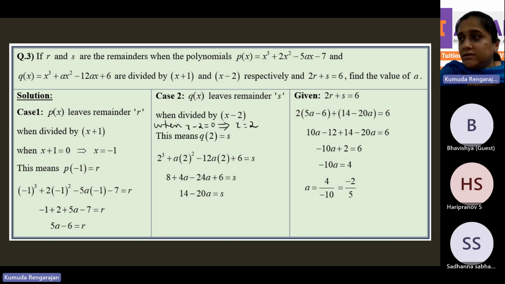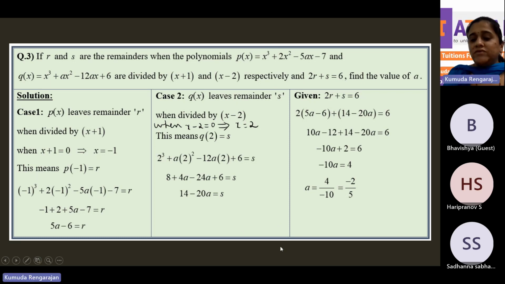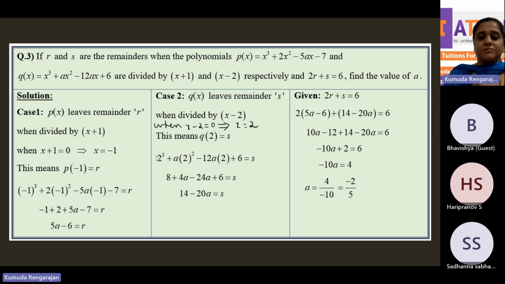Okay. Any questions, Bhavishya? Sadhana, Sabarna, Hari? No, miss, clear, miss. All right.